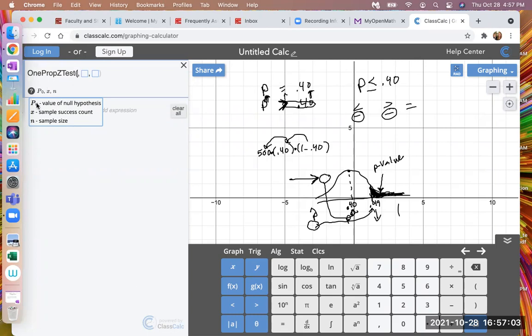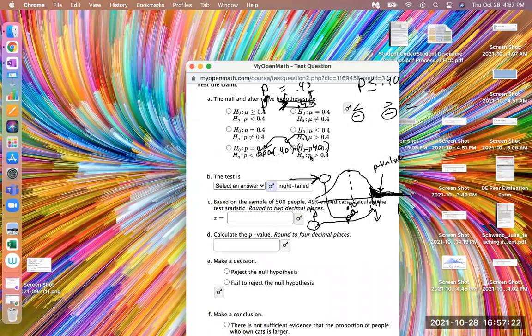So this little zero, like the H zero, this is a P zero, and you'll see the mu zero. When you have a sub-zero, it's telling you, hey, it's from the null hypothesis. So this proportion from the null hypothesis, we look back at what it is, or the alternative hypothesis, because the alternative hypothesis and the null hypothesis are actually going to have the same number there.